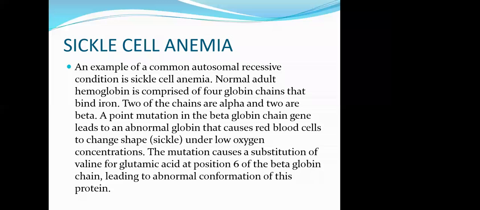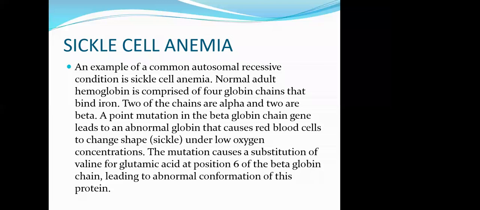An example here is sickle cell anemia, sometimes referred to as sickle cell disease. It arises because of abnormalities in hemoglobin. You're going to learn about it. Hemoglobin is made of 4 globin chains that bind iron.